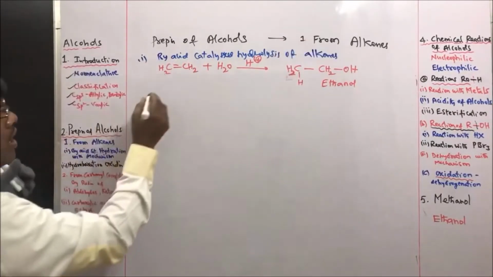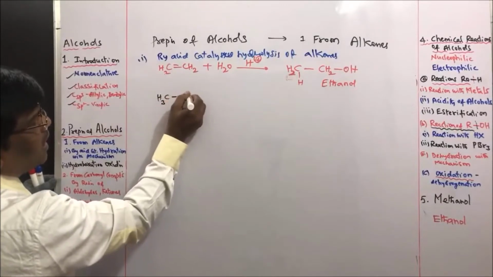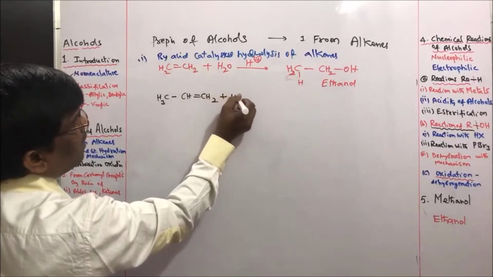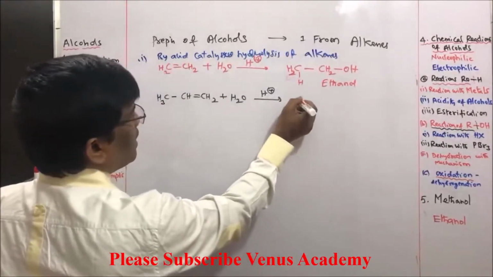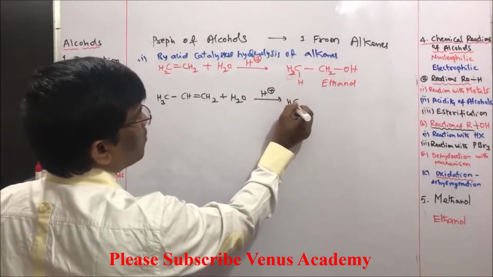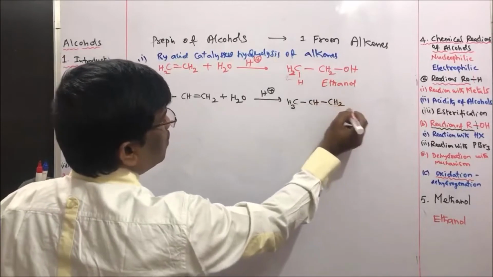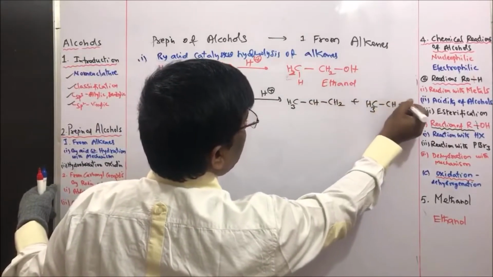For example, if I take propene, CH3-CH=CH2, and do hydration in presence of H+, in this case two types of alcohols, primary and secondary, are possible, students. That is what I want to show. But only one is going to be formed.